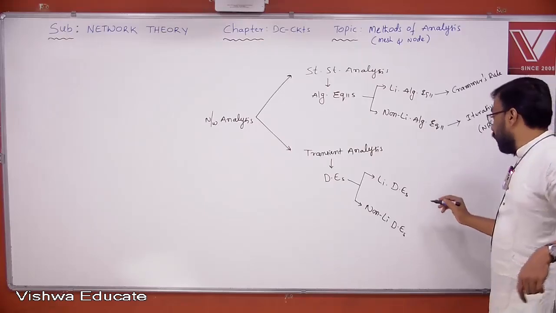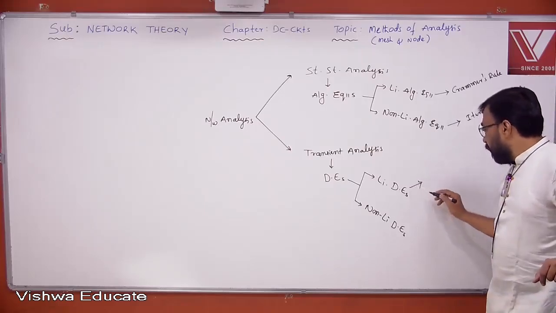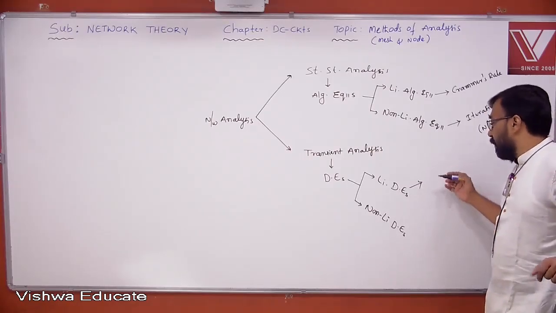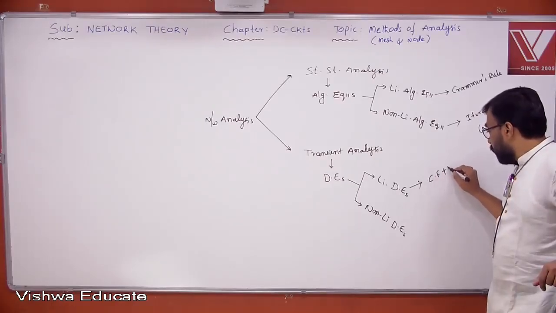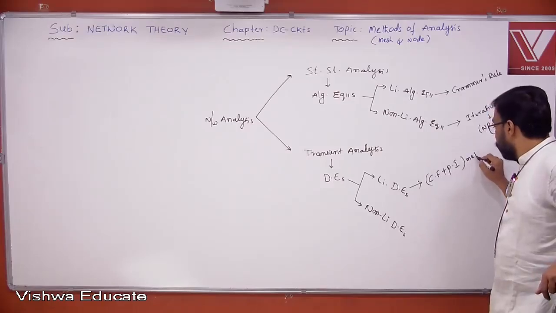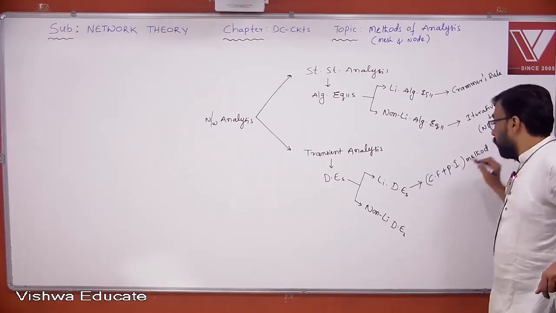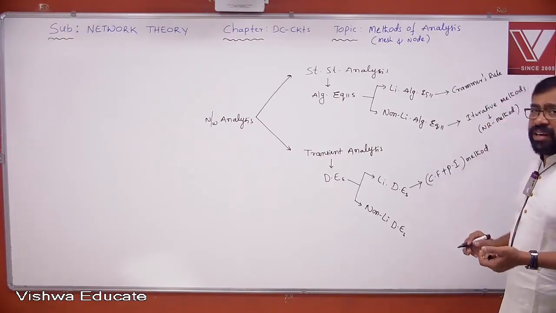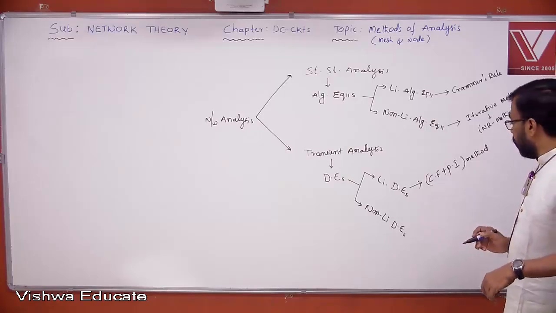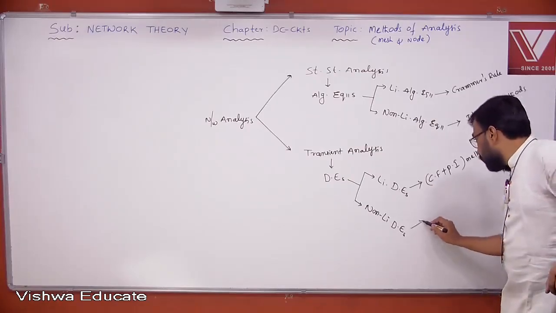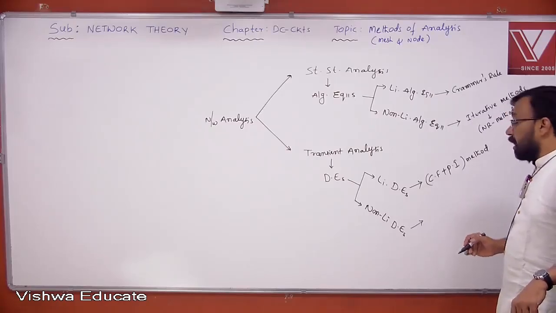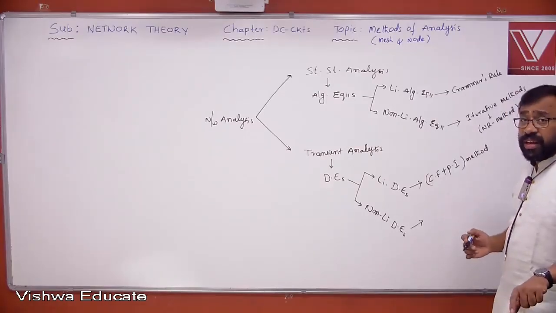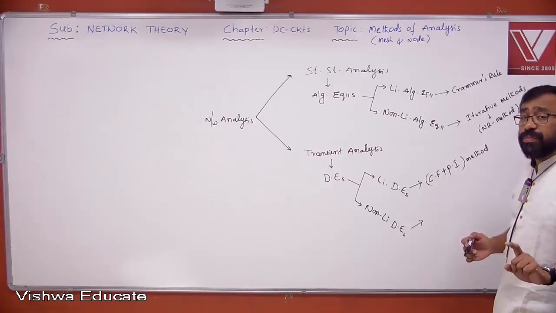Now, linear differential equations can be solved by the complementary function plus particular integral method. And nonlinear differential equations can be solved using an iterative method, in which Newton-Raphson is the most powerful.